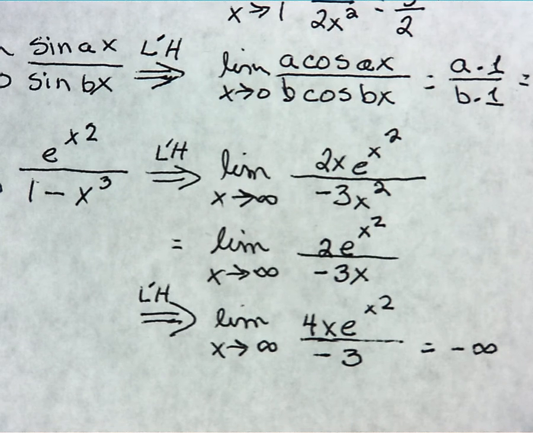But as long as you're differentiating an exponential function, it's still always going to be an exponential function. So at some point, after however many derivatives, you're going to have an exponential over a constant, and an exponential over a constant is always going to be infinity, or negative infinity, depending on the sign of the constant.